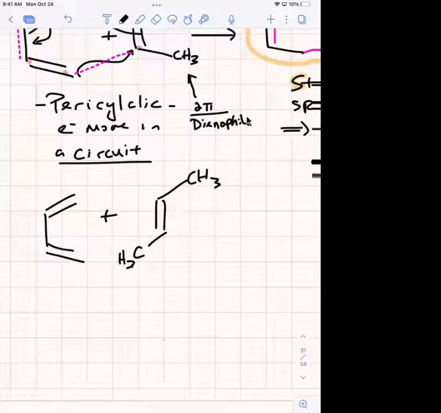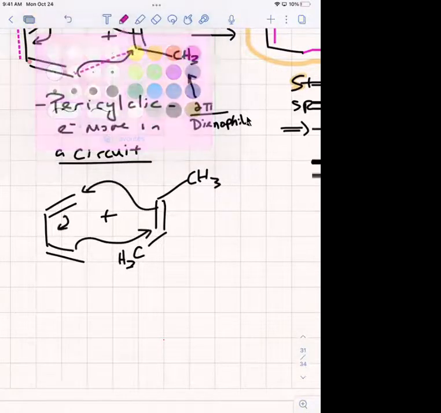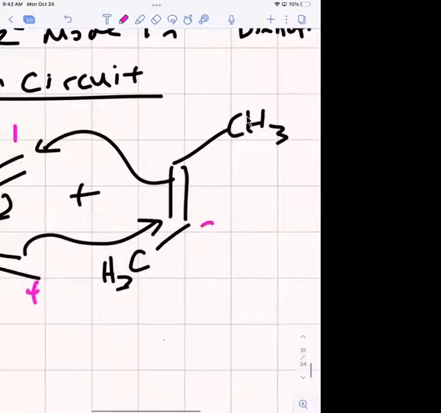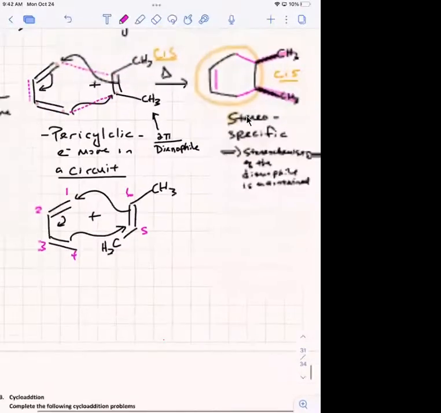Right, the mechanism never changes. I'm always going to do this here and here, and sometimes it helps to number. When I've taught this in the past, I've always numbered the carbons. So this is 1, 2, 3, 4. This is 5, and that's 6.